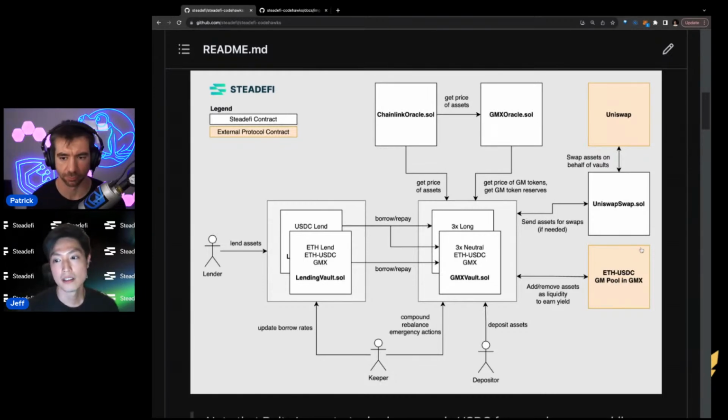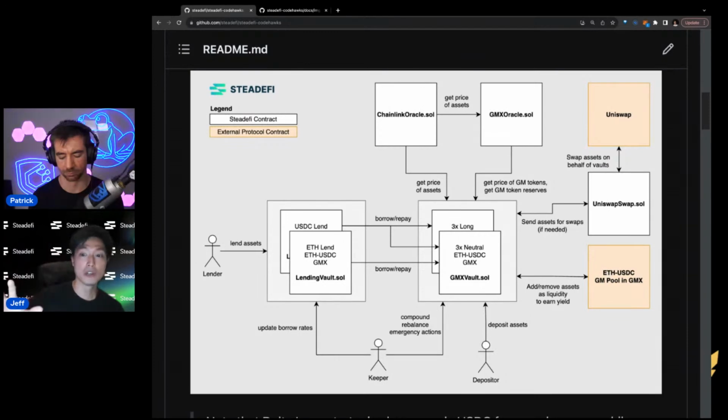Let's say the liquidity pool in GMX version 2, the ETH USDC liquidity pool, the volatile asset in this liquidity pool is ETH. So in the long strategy, the deposits that you put into the strategy vault, your investment value, is directly correlated with the price of ETH. If ETH is going up in value, then your deposit value should also go up along with ETH.